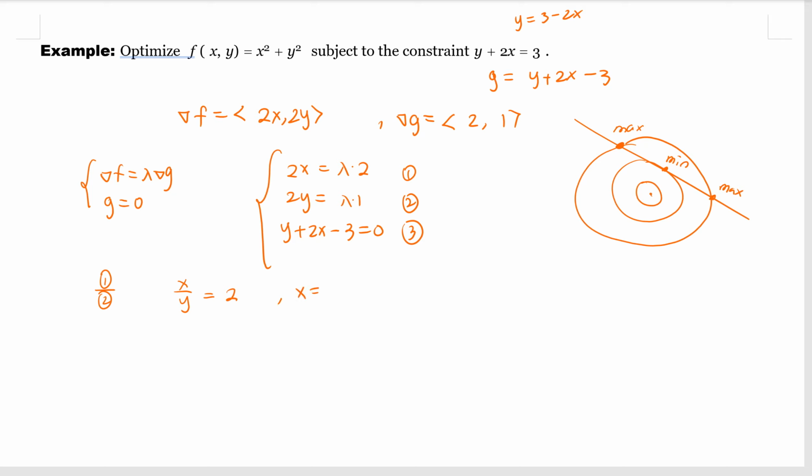So that's the same as x equals 2y, so we plug into y plus 2x minus 3 equals 0, and it becomes 5y minus 3 equals 0. Let's see.